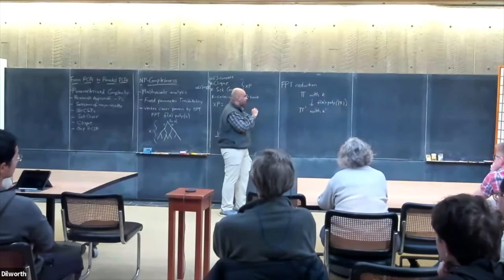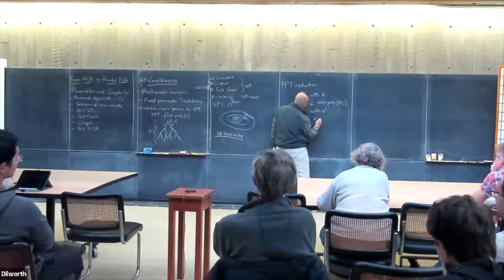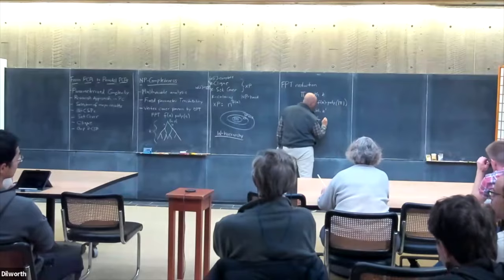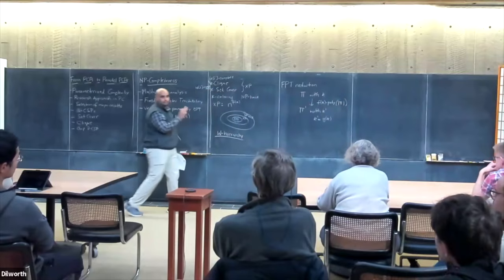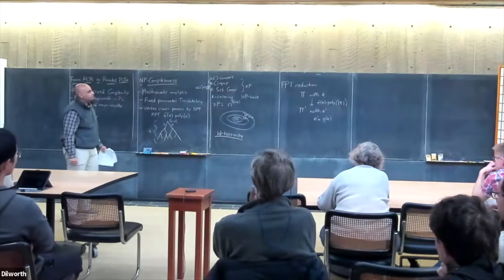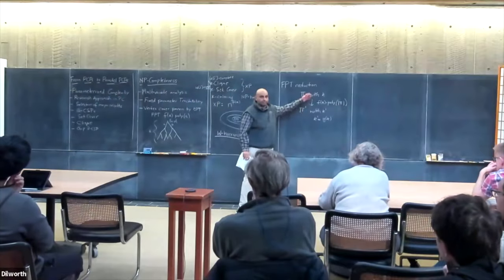So it runs in FPT time, and k prime is some g of k, some other computation. So you're preserving the parameter. It's just like how polynomial time is closed under polynomial time reductions, this is closed under FPT time.